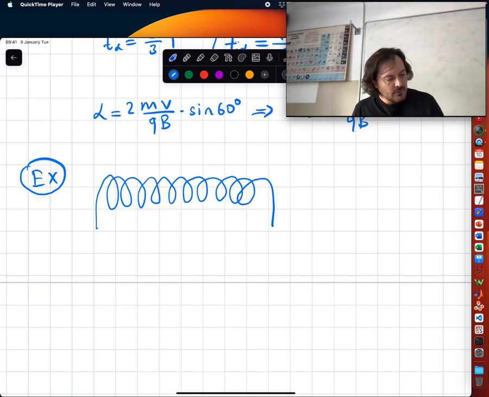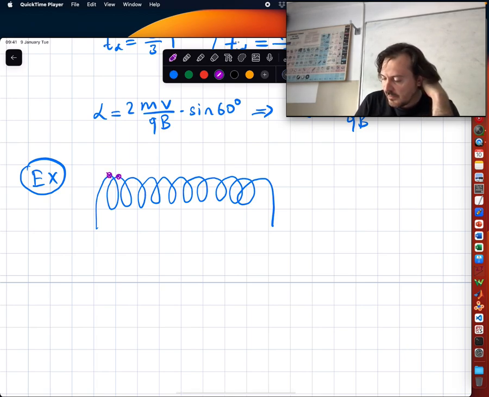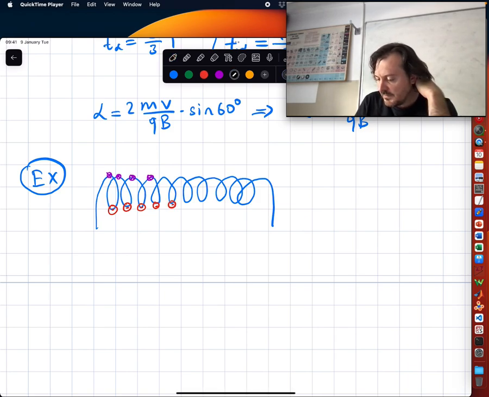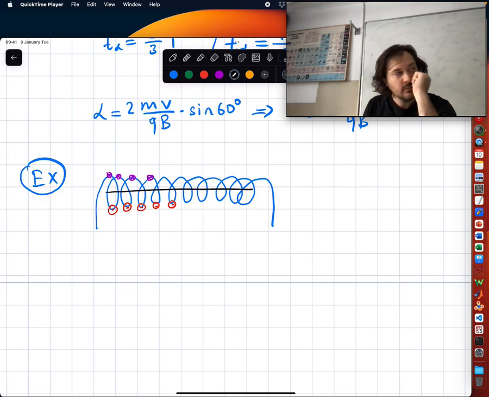For the first part, you can imagine currents going in at the top and coming out at the bottom. We are assuming that outside the field is 0 and all the field is in here. Is it going to the right or to the left? Left, correct.